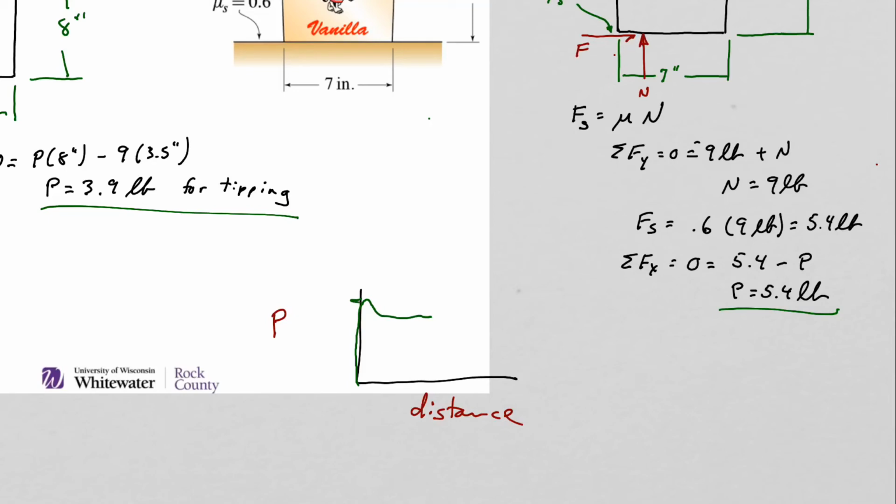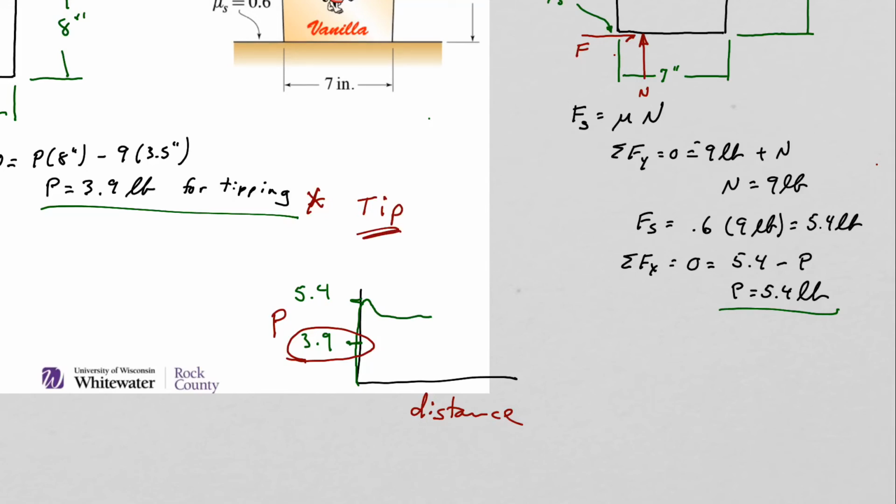This force here is our impending motion, that is 5.4 pounds, and our tipping is at 3.9 pounds. So we see that we will have tipping. Tipping is going to occur before the 5.4 pounds, so our answer in this case is that this bucket is going to tip.